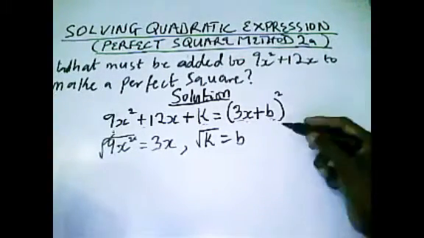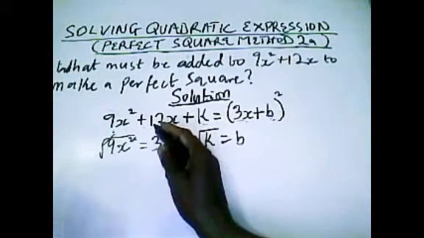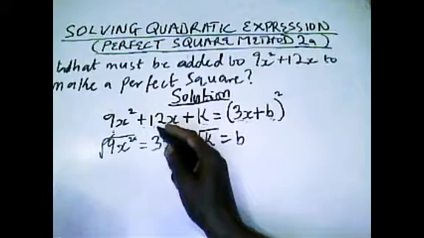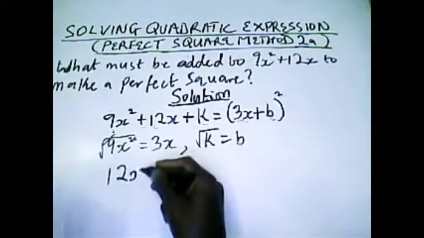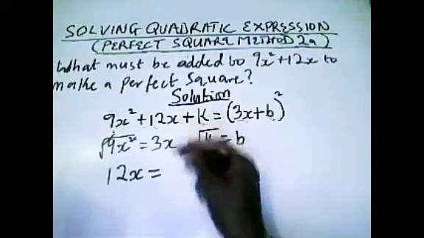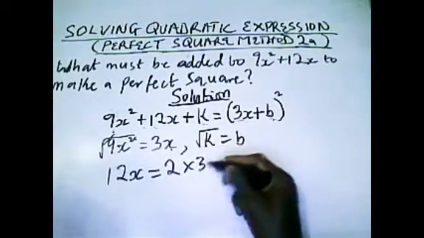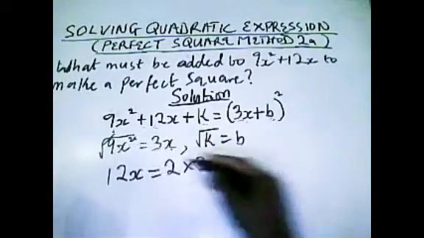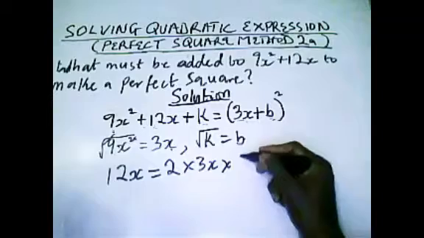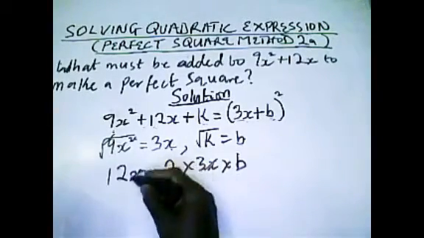Now the key to getting what b and k are is the middle term. Remember how we got the middle term? Here we have 12x. To get the middle term, we have to use 2 to multiply this 3x, which is the result of the square root of 9x squared, then multiply by the result b. So this x, we strike out this x.